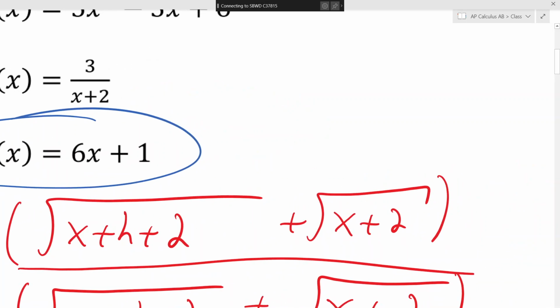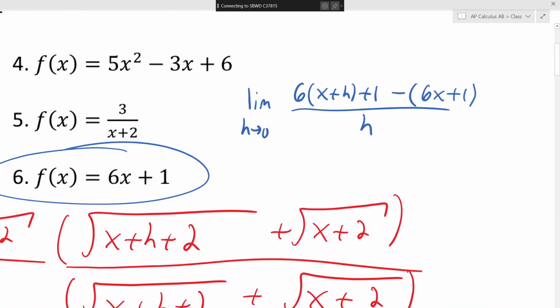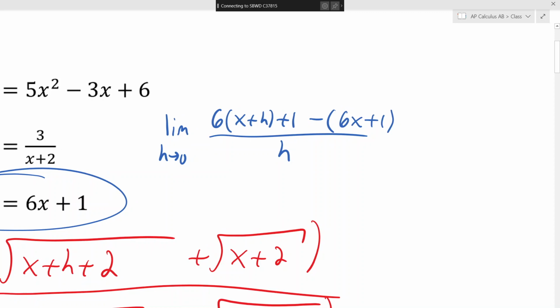But when we do this one, this is easy, ready? This is number 6. It's just 6, that x becomes an x plus h, minus the quantity 6x plus 1, over h. Oh my goodness, look what happens. This is just 6x plus 6h plus 1 minus 6x minus 1.